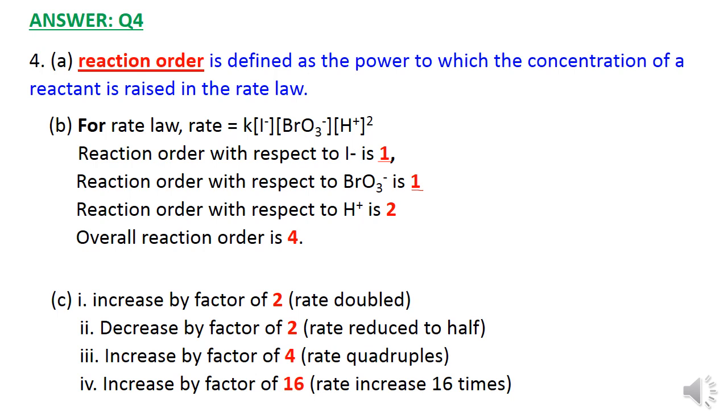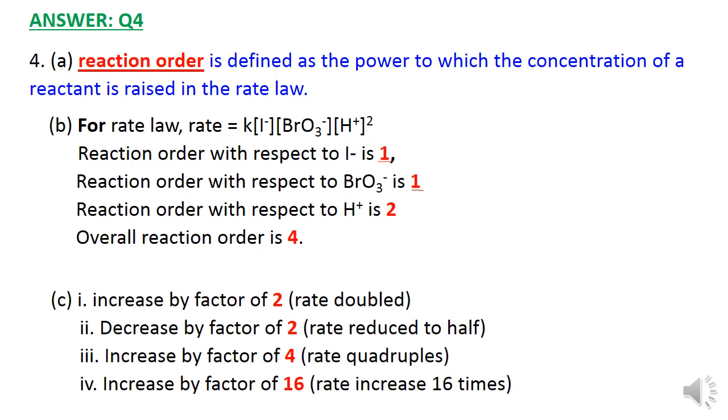For C1, when the concentration of iodide is doubled, the rate would increase by a factor of 2, meaning the rate also will double, because the order with respect to iodide is 1.